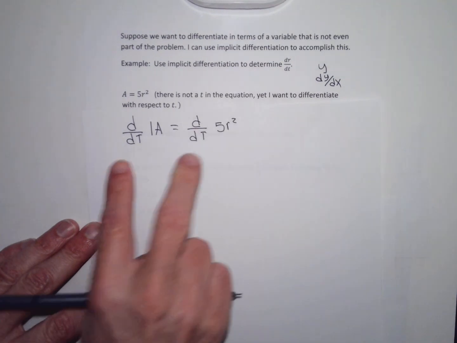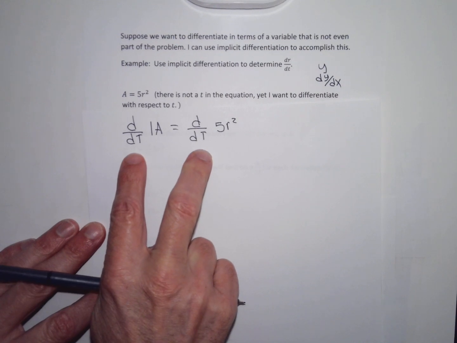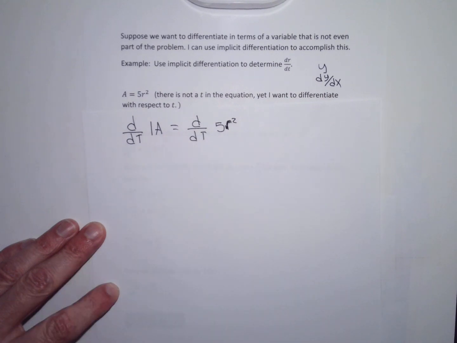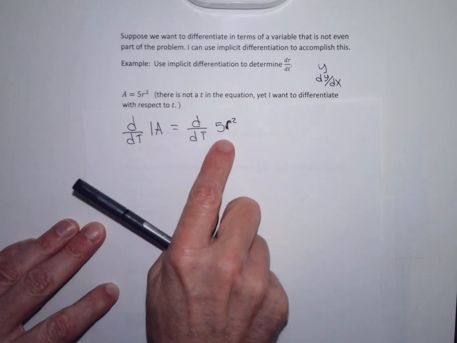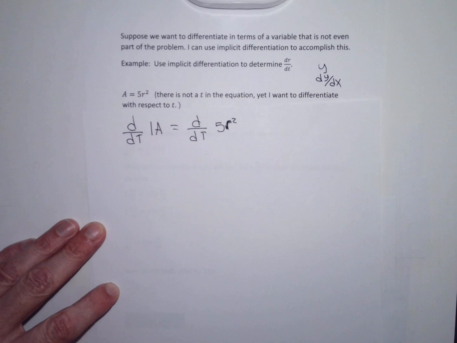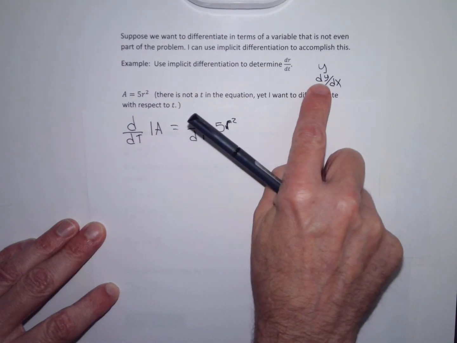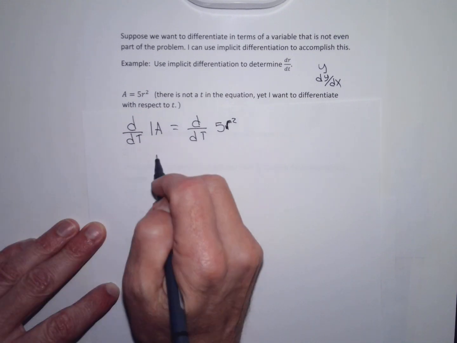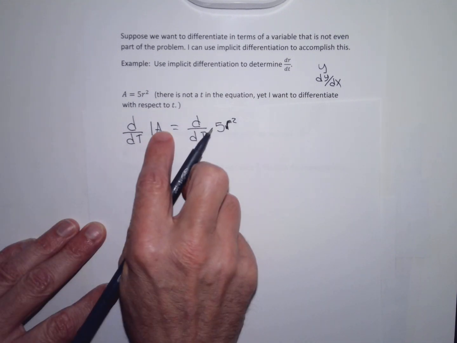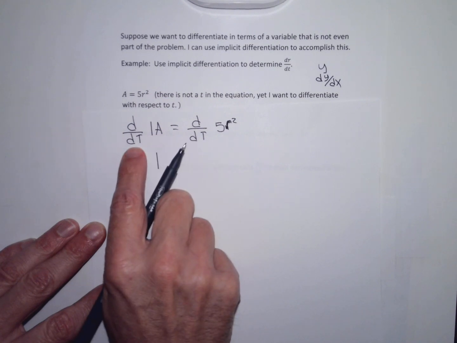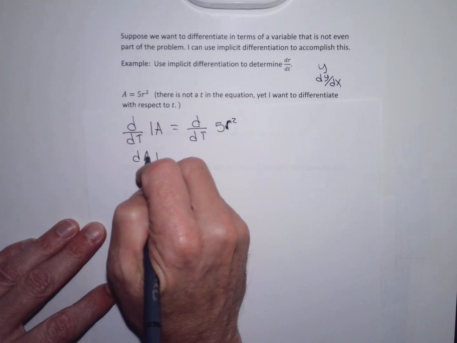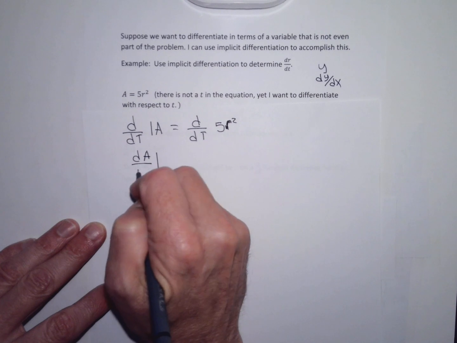So because I'm taking the derivative with respect to t, and neither one of these variables is a t, I need to use implicit differentiation for each of the letters. After I find a derivative, I'm going to tack on a d that letter dt. So on the left-hand side, the derivative of a would just be the coefficient of 1. But because I'm not doing the derivative in terms of a, I need to tack on a d, the variable that I just took the derivative of, dt.